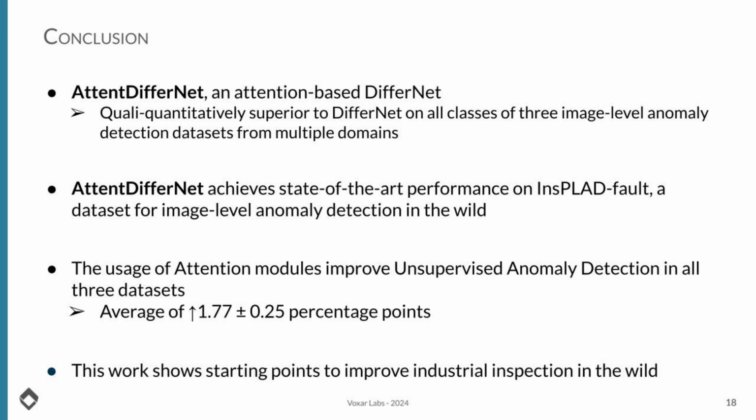AttentDifferNet achieves state-of-the-art performance on InsPLAD-fault, which is a dataset for power line inspection in the wild, which is quite relevant for the problem in question. And finally, confirming our hypothesis, the usage of attention models does improve unsupervised anomaly detection in all three tested datasets, one in the wild and two in controlled scenarios, by an average of 1.77 percentage points.